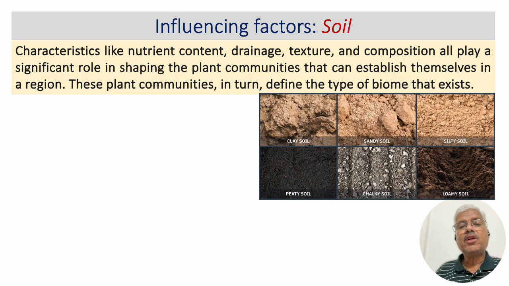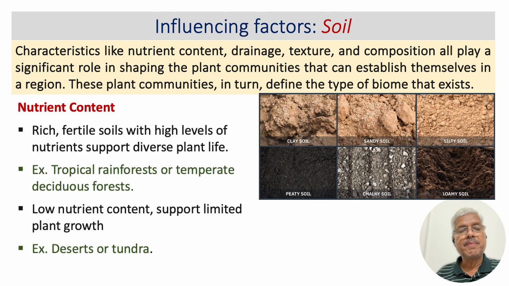The soil is another factor which influences biome formation. The characteristics like nutrient content, drainage, texture, and composition all play a significant role in shaping the plant communities that can establish themselves in a region. These plant communities in turn define the type of biome that exists.